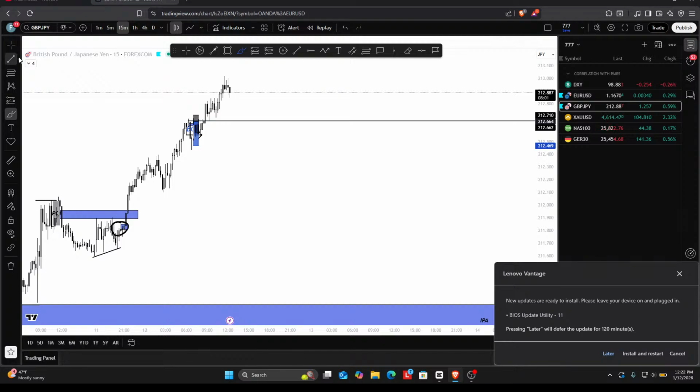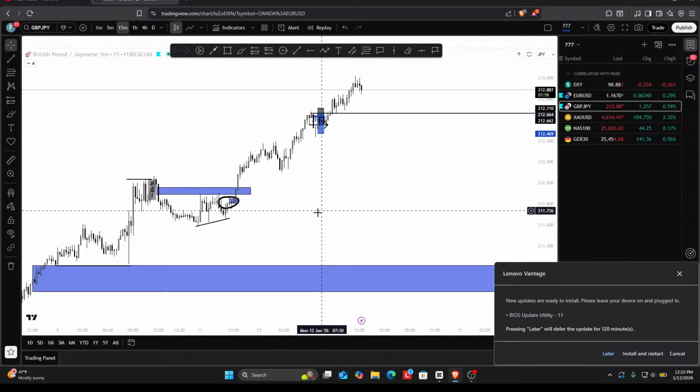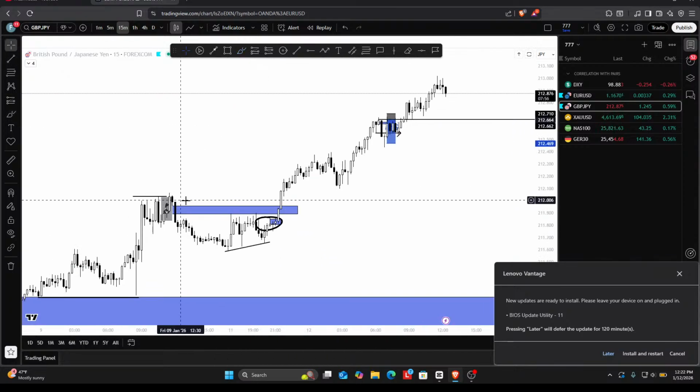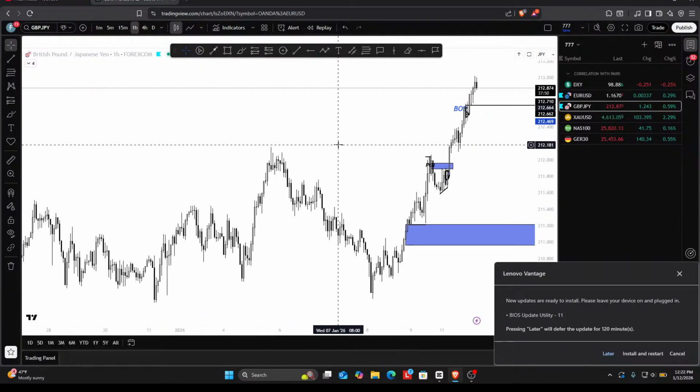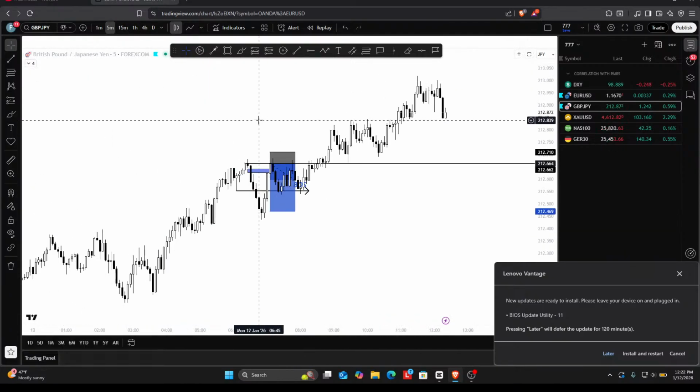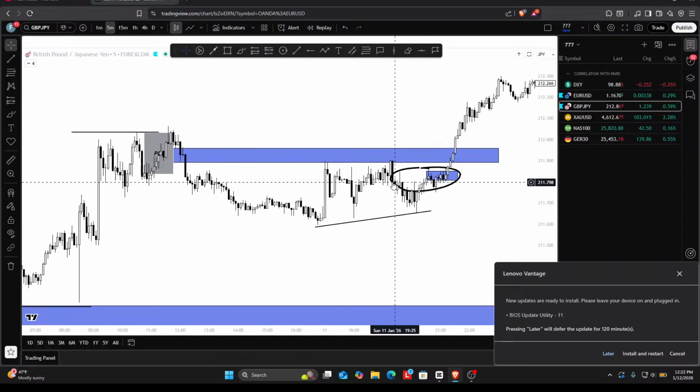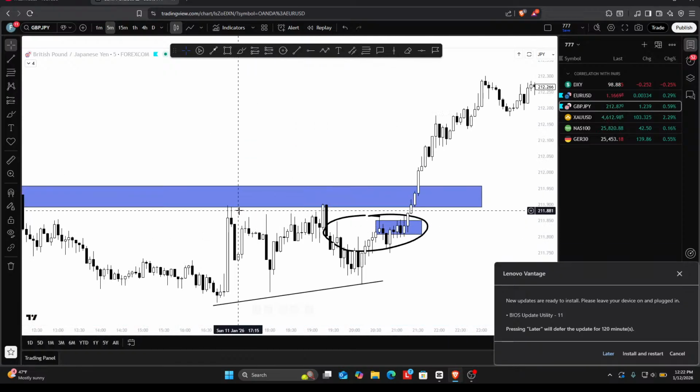GJ just left us in the dust. Okay. What we previously talked about was, right here on the 11th, we wanted to see some type of distribution, which it did not give, right? It just went through. We said that 15-minute accumulated, 1 minute accumulated here.